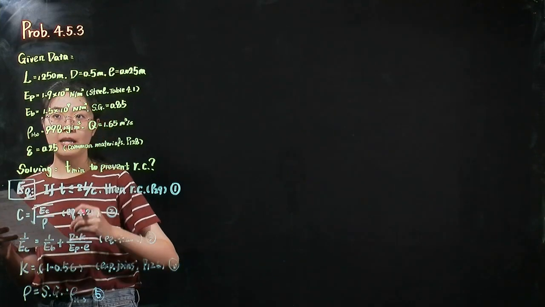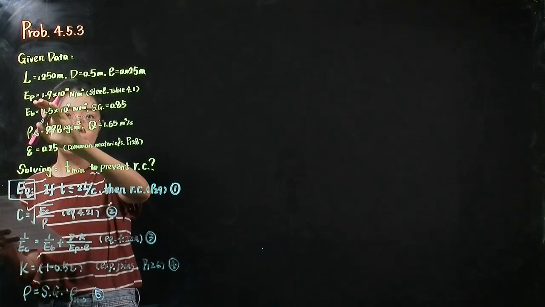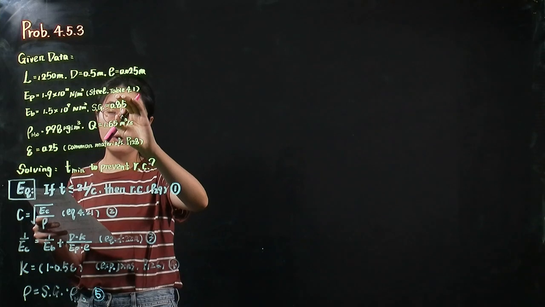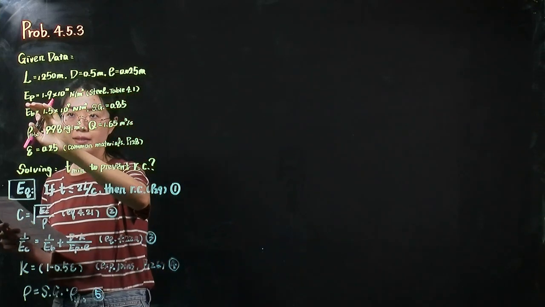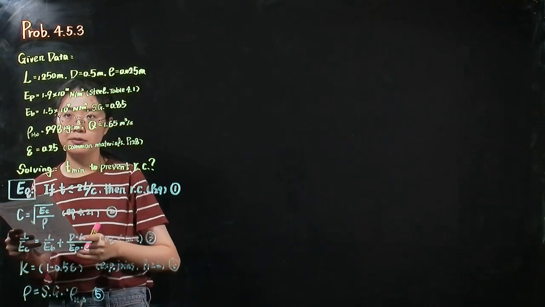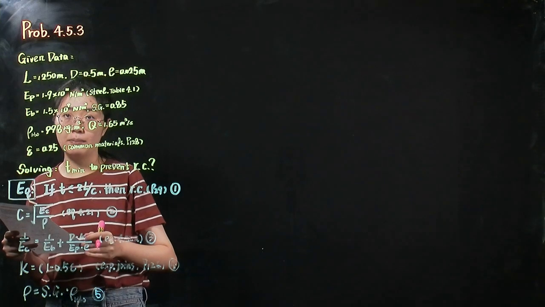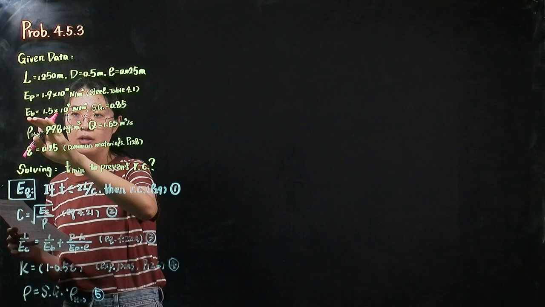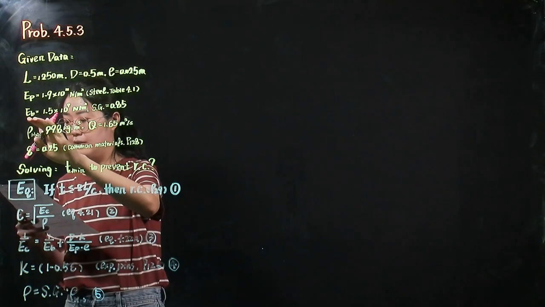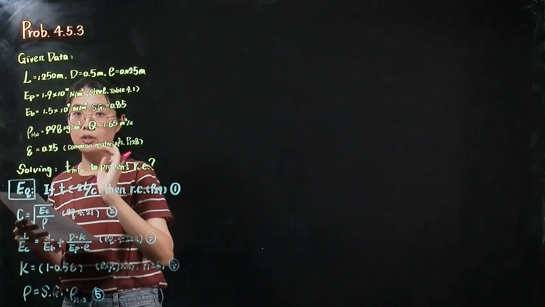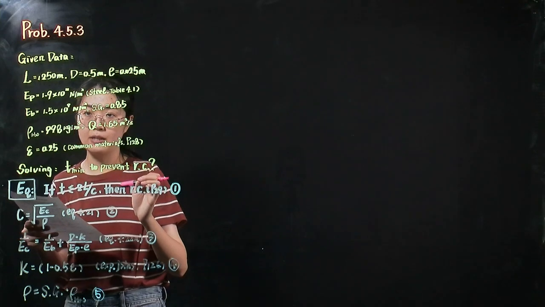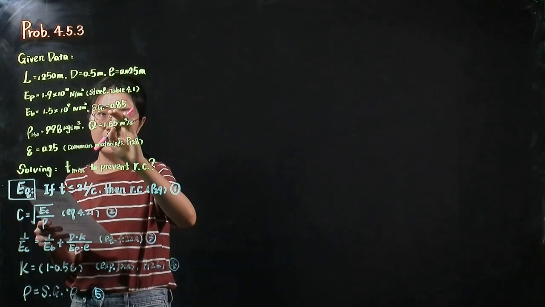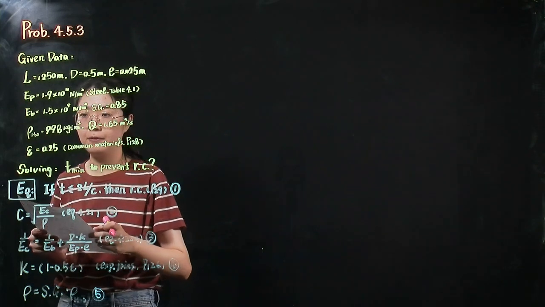Because the pipe is made of steel, based on table 4.1, we can find the elasticity of the pipe equals 1.9 times 10 to the power of 10. The elasticity of the oil is given, which is 1.5 times 10 to the power of 9. The specific gravity is 0.85.